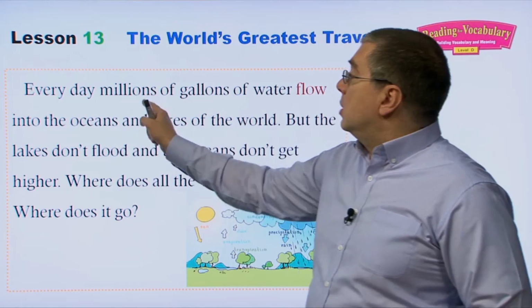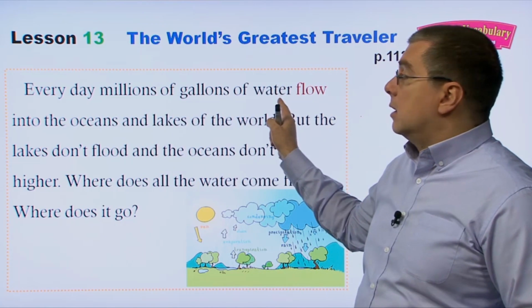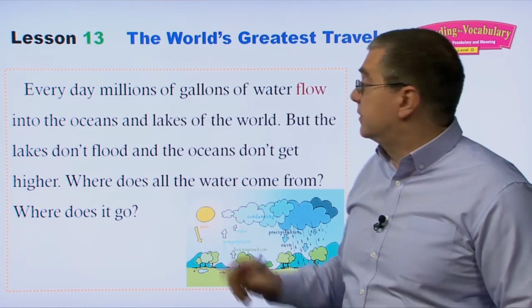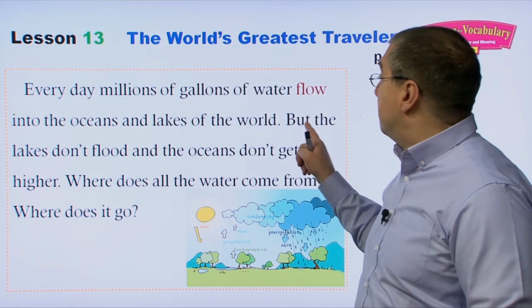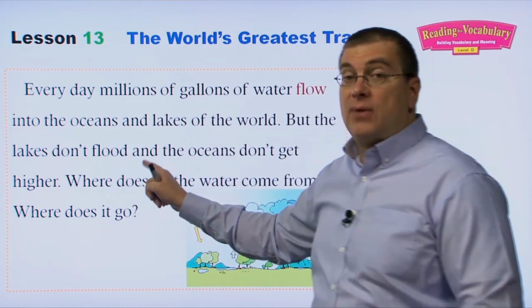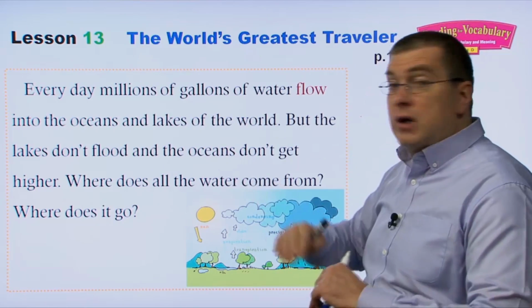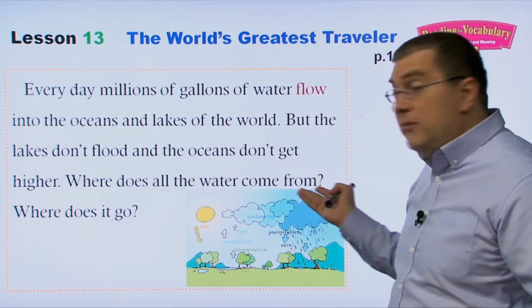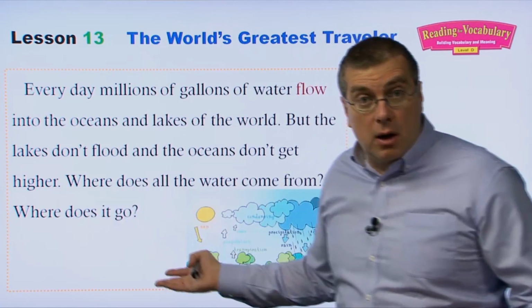Every day, millions of gallons of water flow into the oceans and lakes of the world. But the lakes don't flood and the oceans don't get higher. Where does all the water come from? Where does it go?